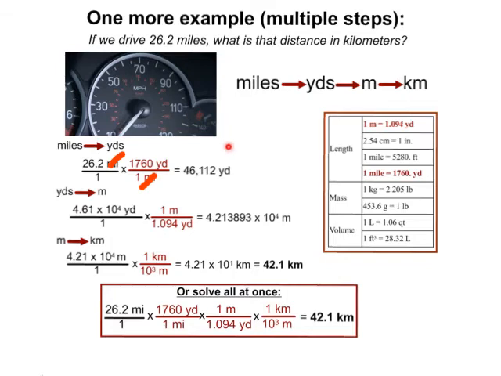For the purpose of this problem, since I'm doing this in multiple steps, I'm going to go ahead and take that number and put it into the correct number of significant figures. You may, when you're doing this problem, carry that number all the way through these large numbers until you get to the end and then convert into significant figures.